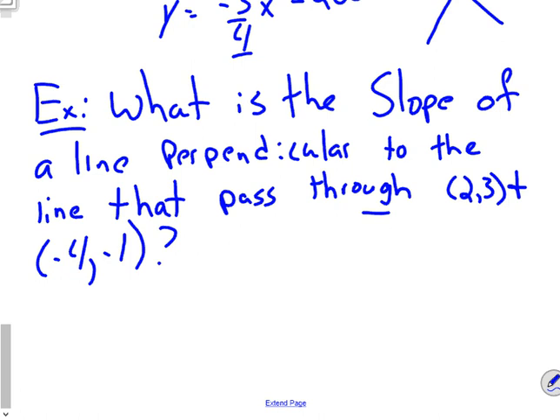Y2 minus y1 over x2 minus x1. And it should be 3 take away negative 1 on the top. Yeah.